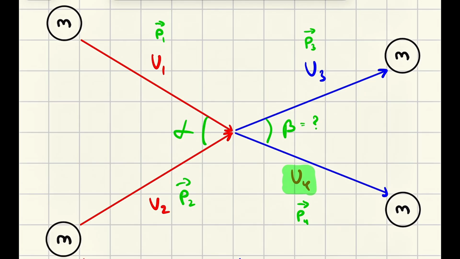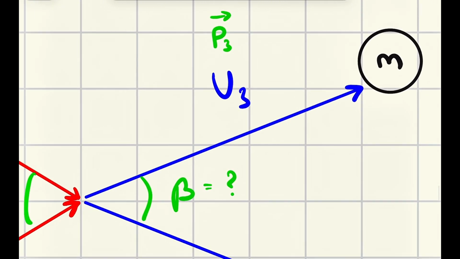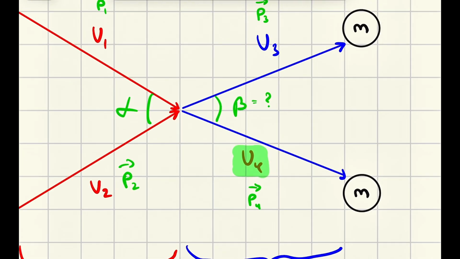When we lose energy, it's not lost, but converted to another type of energy, and then we lose some part of the kinetic energy from the beginning. But if it is absolutely elastic, then one of the velocities can get lower, but the second one has to get higher, and that is exactly what we call conservation of momentum.